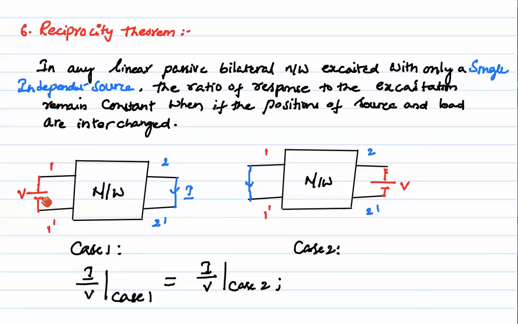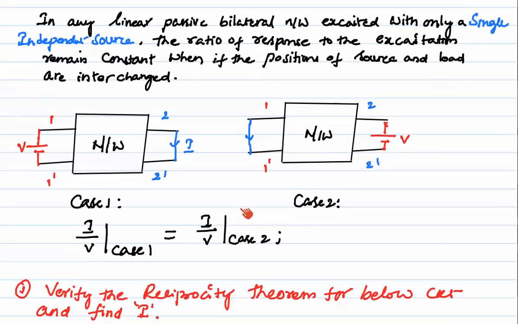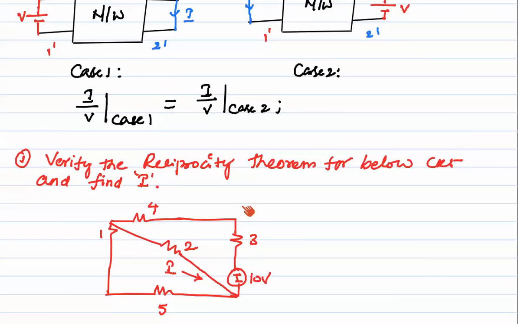In this case, the voltage is the force and the current is the response, so it's the input excitation and this is the response. When you interchange these, so that here you have the response and here you have the excitation, the ratio of response to the excitation remains the same in both cases. So let's solve this problem to understand this.